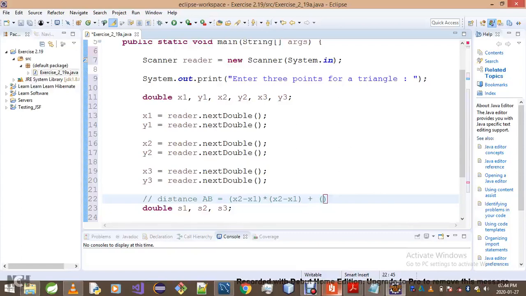So as I was saying, the distance between A and B is actually x2 minus x1 squared plus y2 minus y1. If we square that, that is equivalent to saying y2 minus y1 multiplied by y2 minus y1.